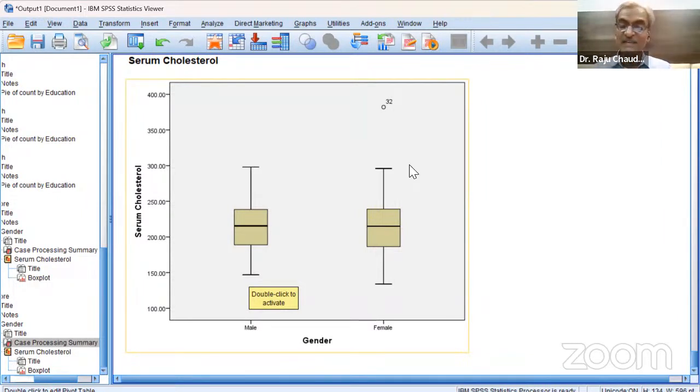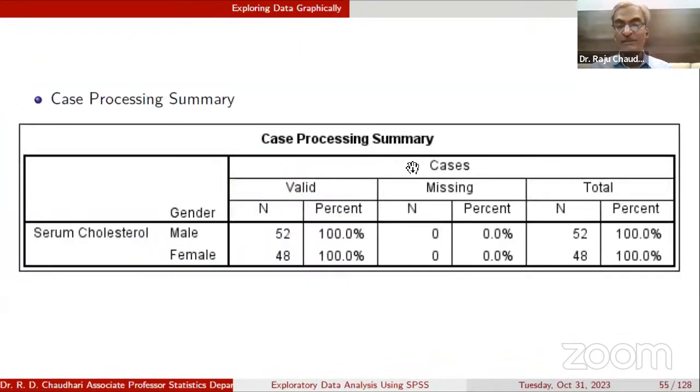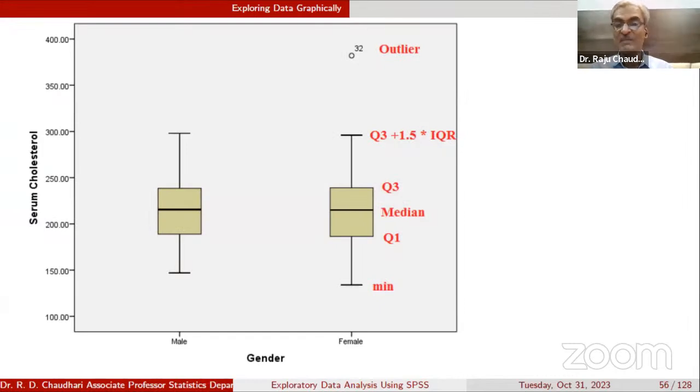Okay. So this is how we can create a box and whisker plot. See, this is how I have shown on the slide, right? This is the minimum, Q1, median or Q2. This is Q3, and this is not the maximum value. It is Q3 plus 1.5 IQR, and this is the outlier.